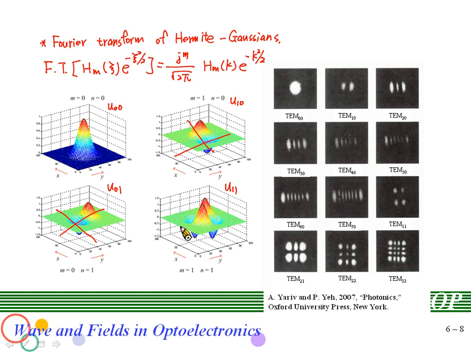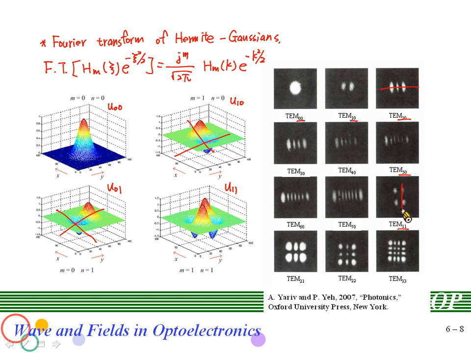Besides, you can also plot the Hermite-Gaussian functions in this way. This one corresponds to U00, U10, U20, right? For U20, you will have 3 peaks like this. And for this one, U50, you will have 6 peaks. And for this one, U11.